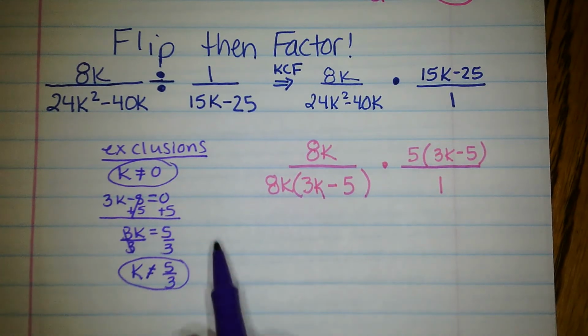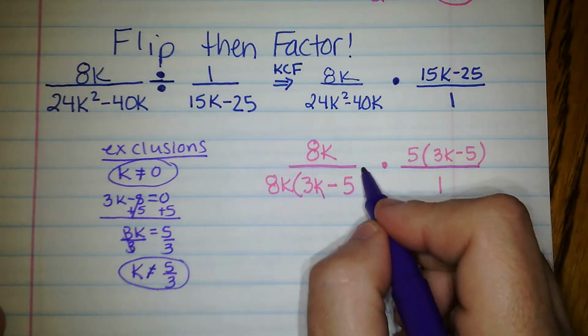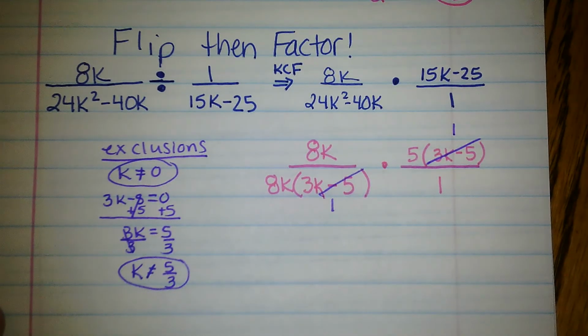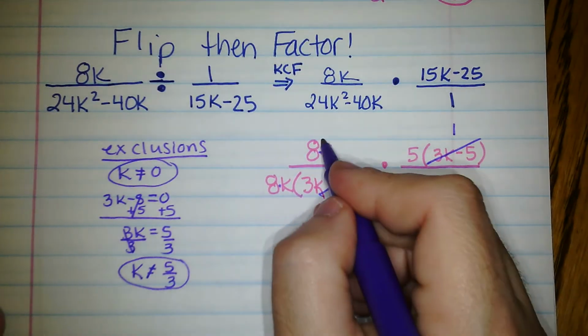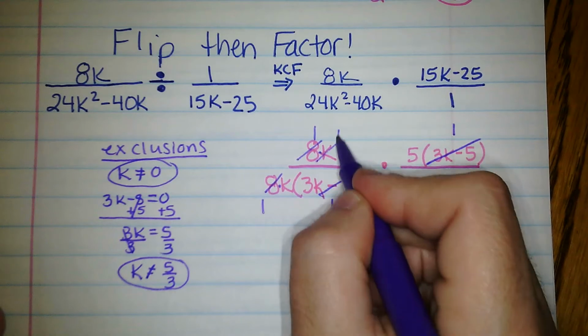So now that I have my exclusions, I can go ahead and reduce. When I'm reducing my doubles, they must be the same, and these are top and bottom identical. I do have an 8 times a k on top and an 8 times a k on the bottom, and the 8's reduce and the k's reduce.